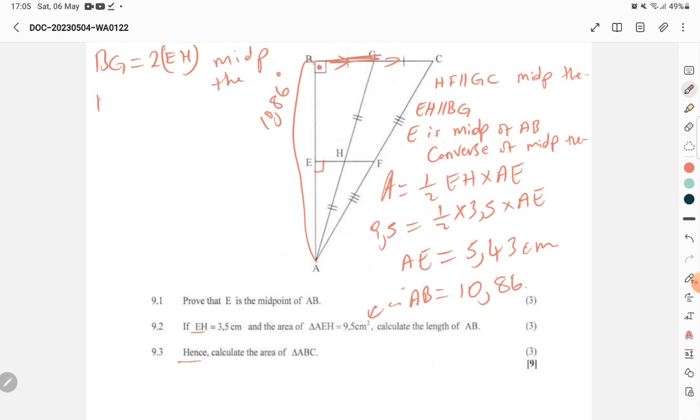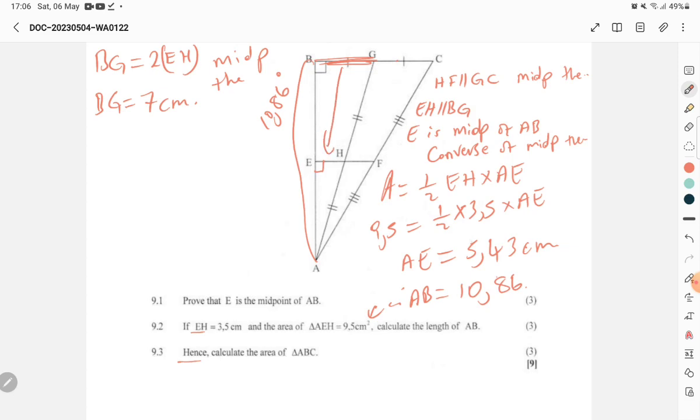So that means BG is going to be equal to 3,5 times 2, which is 7, so we have 7 centimeters. BG is this length over here.